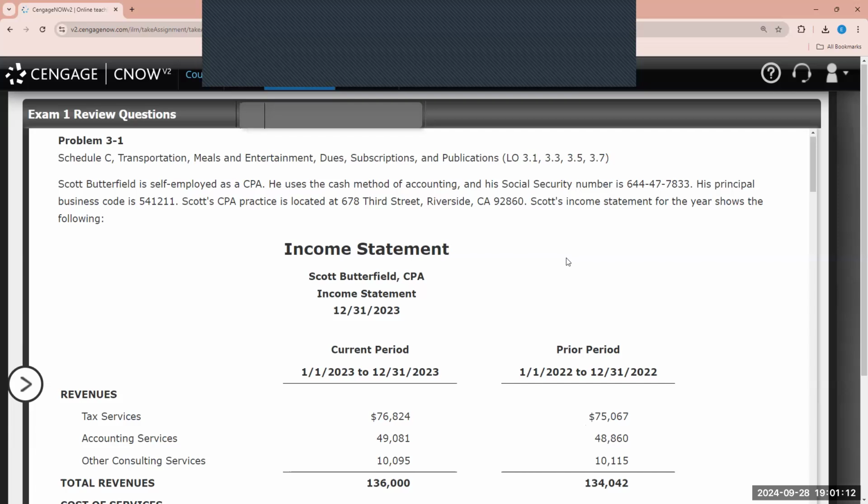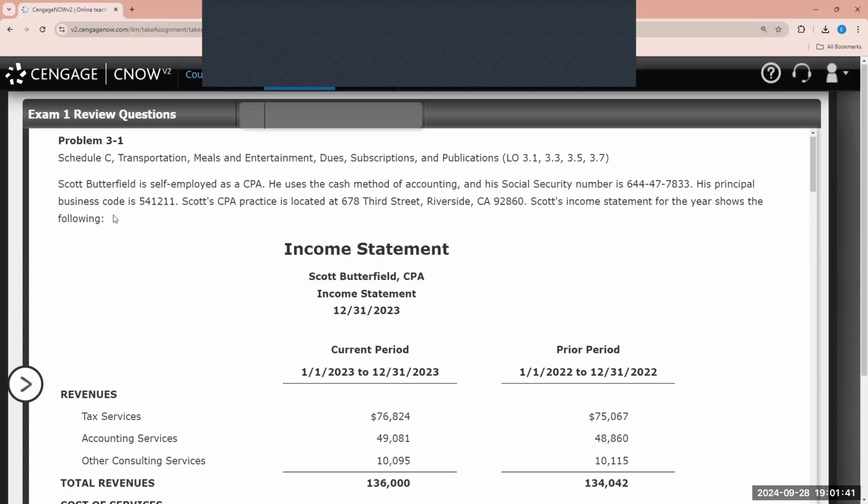So this brings us to our last problem. We're going to complete our own Schedule C. So we have Schedule C, transportation, meals and entertainment, dues, subscriptions, and publications. It states Scott Butterfield is a self-employed CPA. He uses the cash method of accounting, and his social security number is 644-477833. His principal business code is 541211.